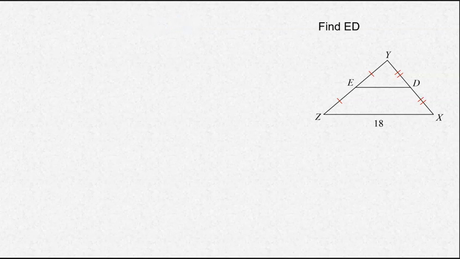The scale factor between these two triangles here is 1/2. I know that because E and D are the midpoints of the segments ZY and XY. I know that because of these congruency marks here. These are indicating that those points are in the middle.